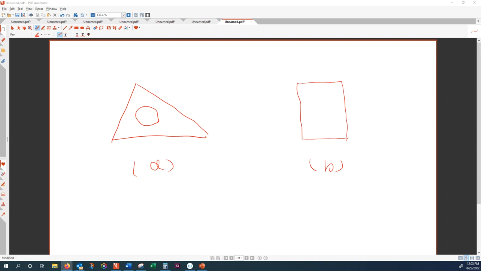All right, can I get everyone answering this question, please? Which shape is compound?